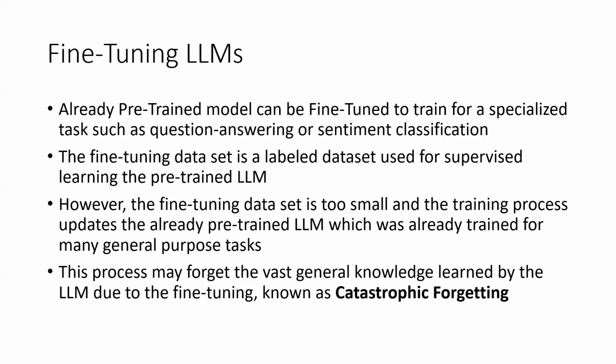So this forgetting of all the important knowledge that a person should know in general as a human being, which was there in the pre-trained model, will get removed if you train rigorously with your supervised dataset. That is the main problem when it comes to fine-tuning a large language model.